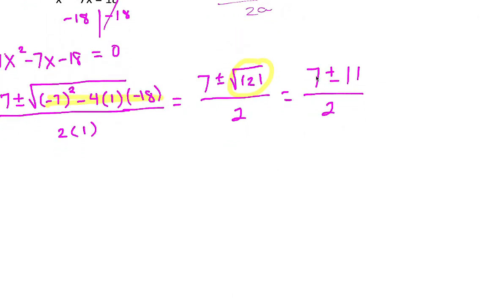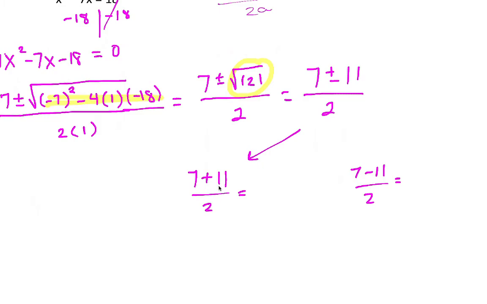All right, so now I'm going to do 7 plus 11 divided by 2 to get one of my solutions, and then I would do 7 minus 11 divided by 2 to get the other. So first, 7 plus 11 over 2, and then 7 minus 11 over 2.